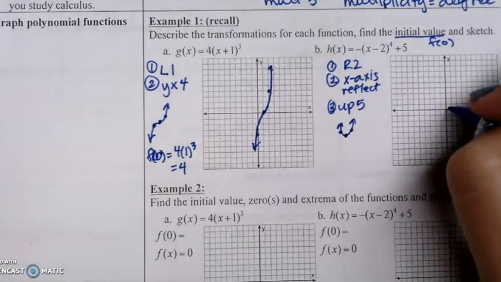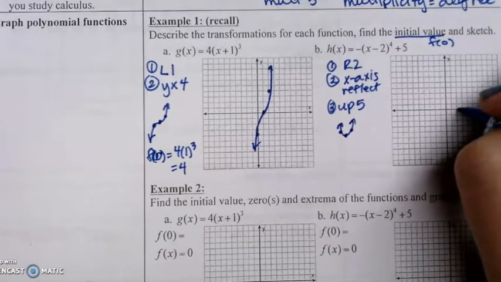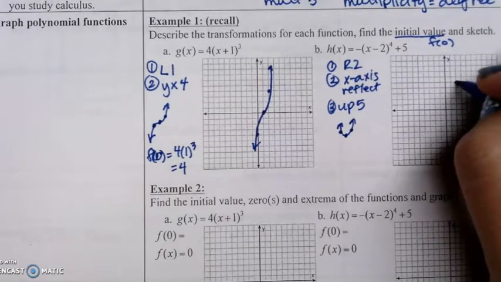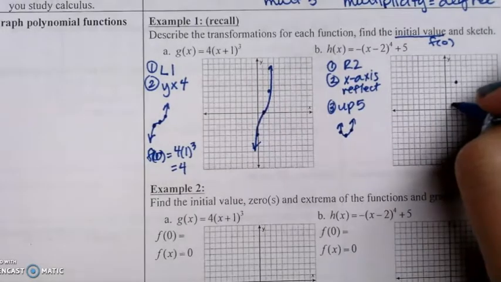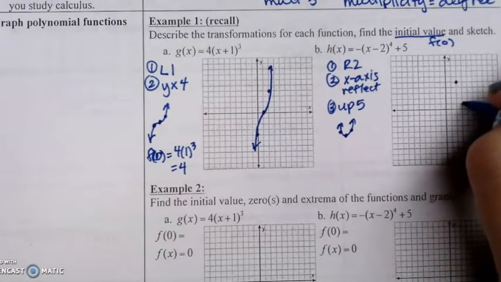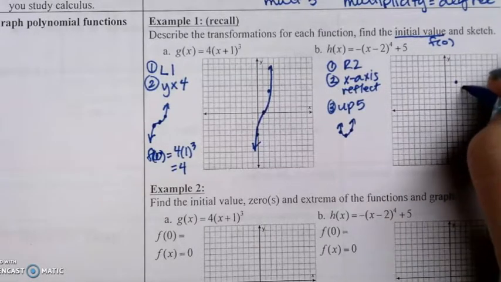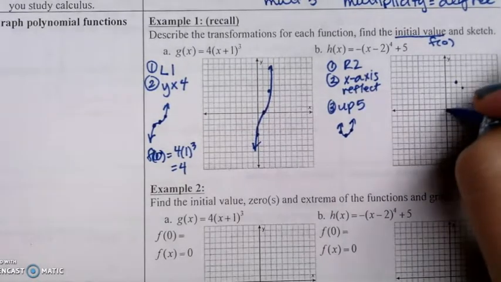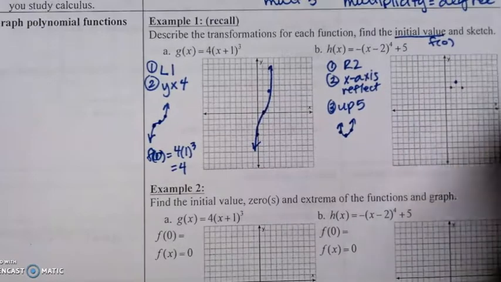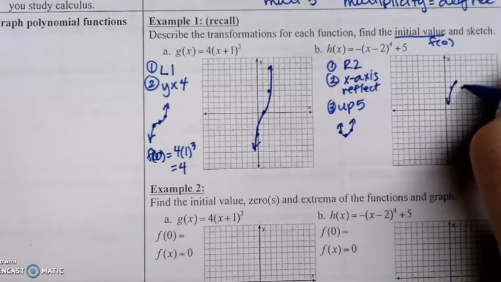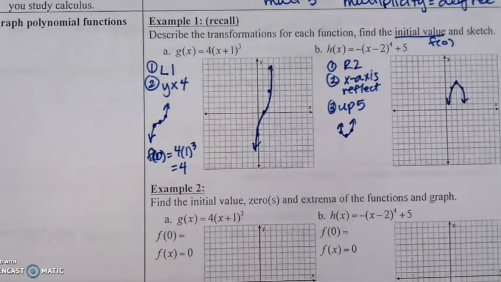Starting with 0, 0, go to the right by 2, reflect, and then go up by 5. And then I go 1, 1, over 2, reflect, up by 5, 2, 4, 5. Same for my last point, over 2, reflect, up by 5. And this will be my graph.